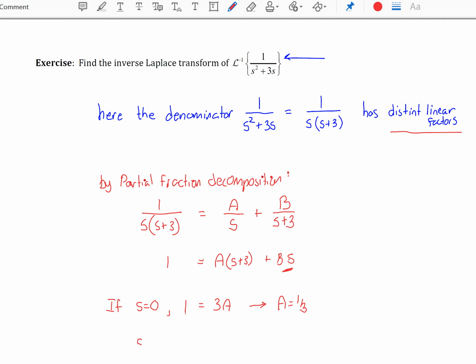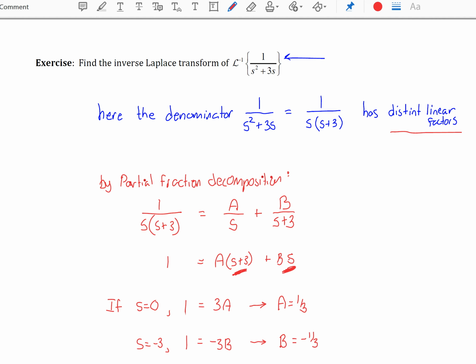Similarly, if we were to let s equal -3, then that would make this factor 0. If s is -3, the left-hand side is still 1. If s is -3, this factor is 0, and this factor becomes -3b, which tells us b has to equal -1/3.